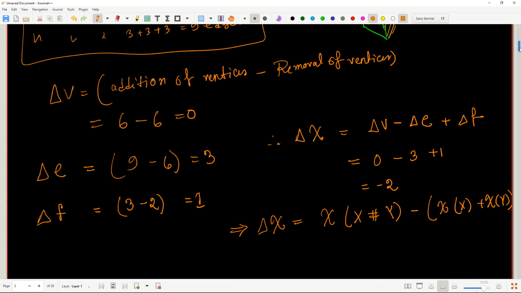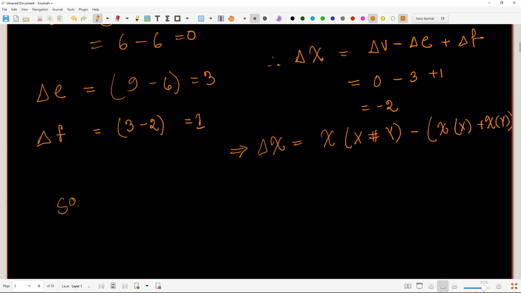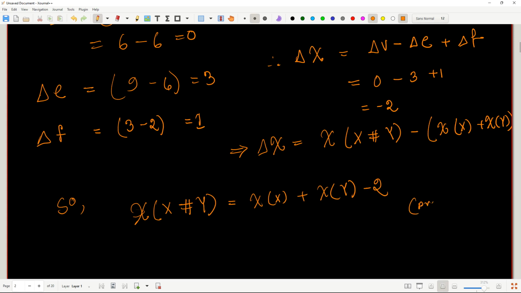So chi of x hash y is equal to chi of x plus chi of y minus 2. Proved.